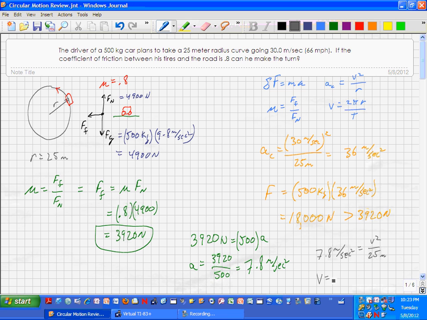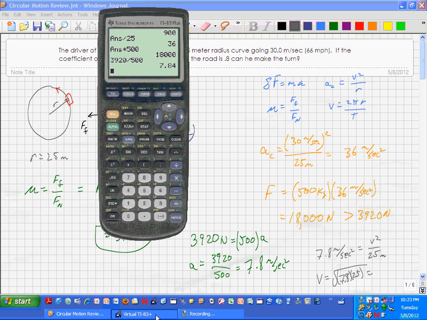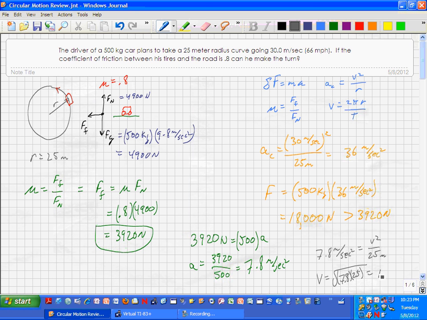So that means that v is going to be equal to the square root of 7.8 times 25, and then we get 14. So the maximum that he can take this turn at is 14 meters per second. He's trying to do it at 30. Yeah, this guy's dead. He's off the road. He cannot hold the road.